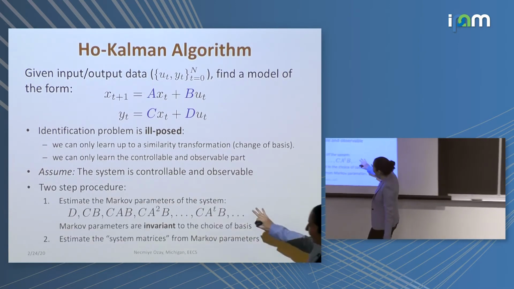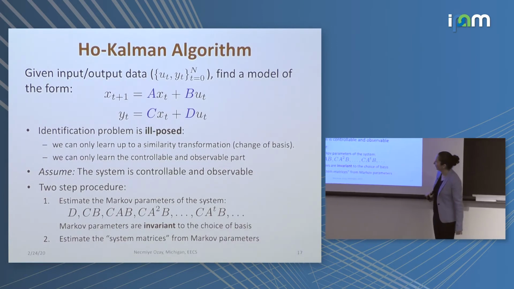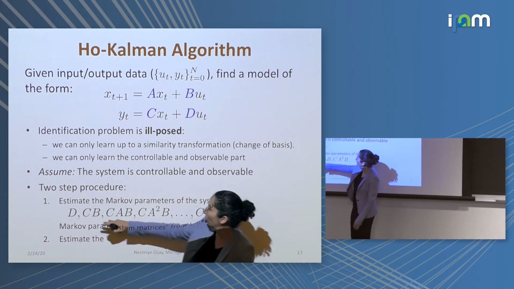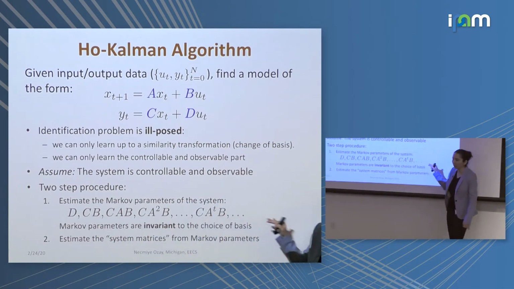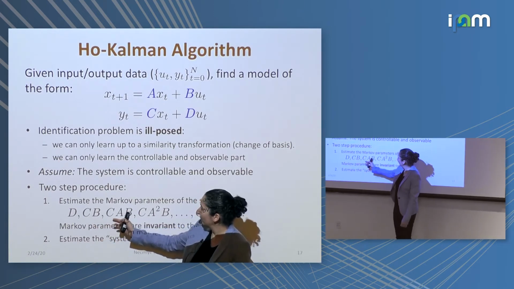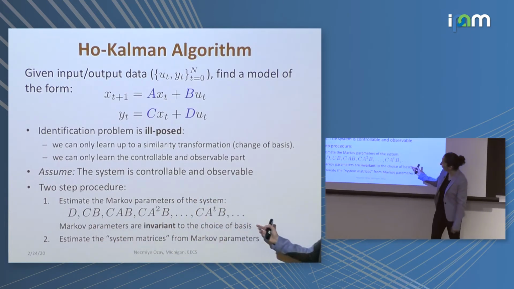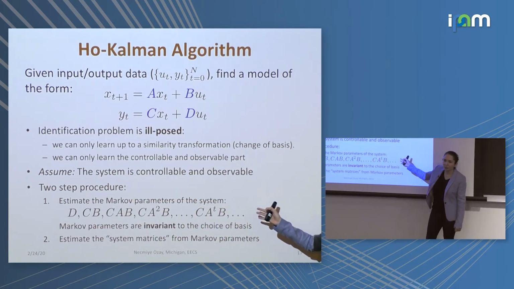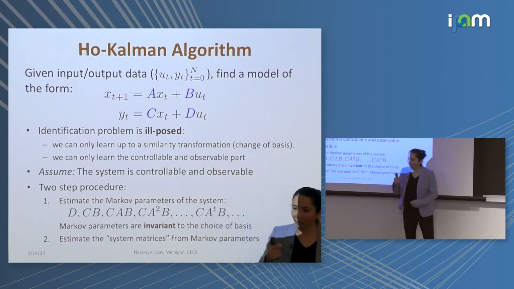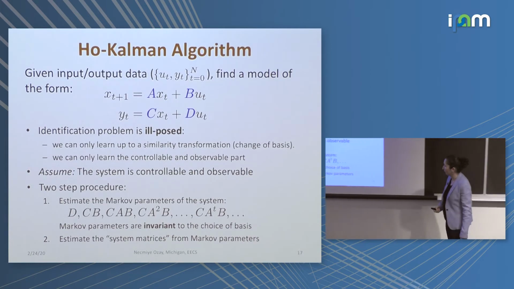So this is a two-step procedure. The first step is you learn the so-called Markov parameters of your system. The Markov parameters of the system are D, CB, CAB, CA squared B, and so on. If you have, for example, a single-input single-output system, this is essentially the impulse response of your system.